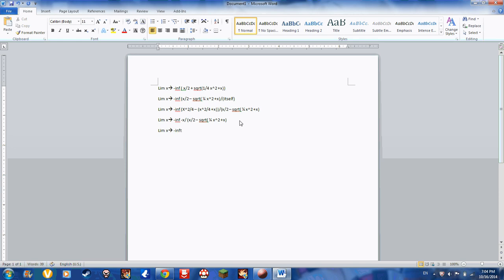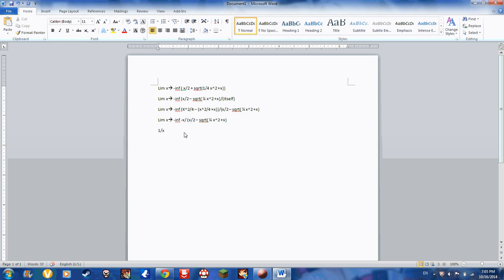I'm getting ahead of myself. Now then, we're supposed to multiply this function by the highest power in the denominator. If you look at the square root of 1/4 x squared, you'll see that the highest power is 1, or x. So you multiply the top and the bottom by 1 over x.